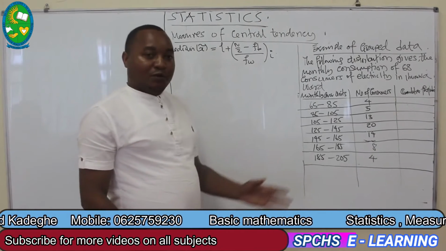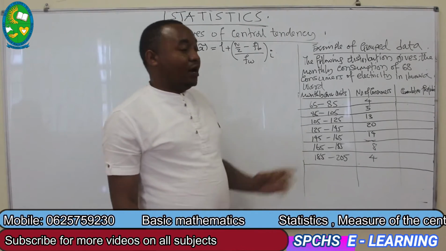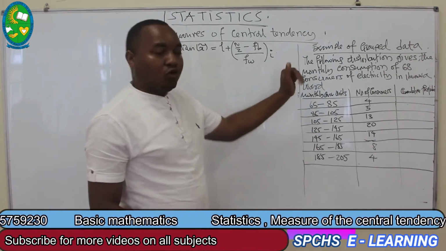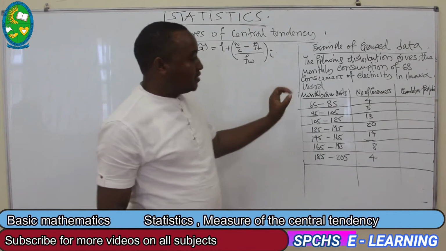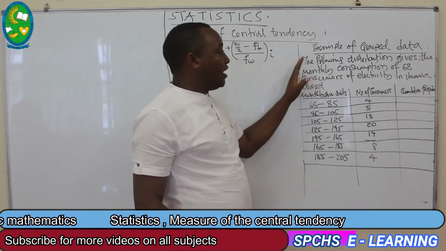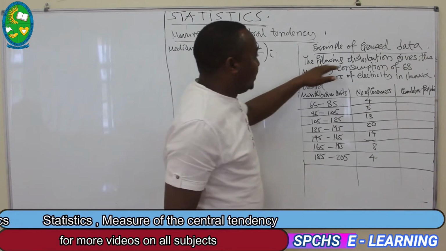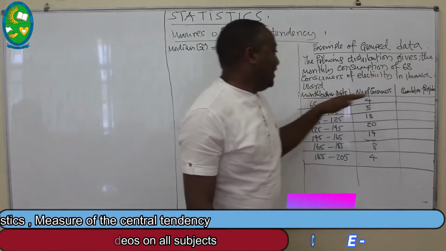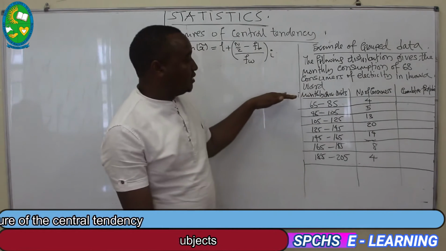Okay. We now have to look at another example which is different from the previous. This is for grouped data. And we can see this by solving this example provided here. The example says, the following distribution gives the monthly consumption of 68 consumers of electricity in Ihumwa ward.